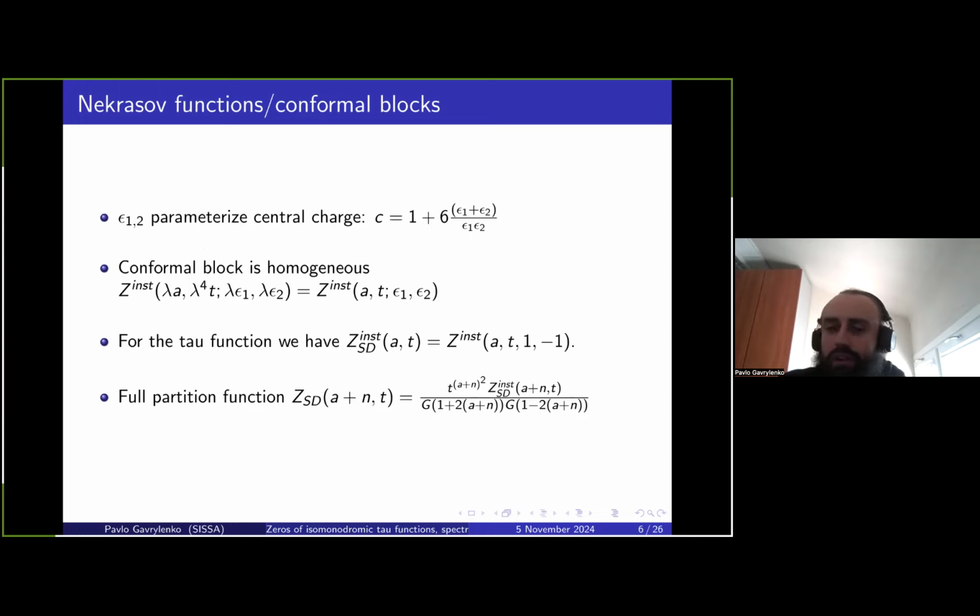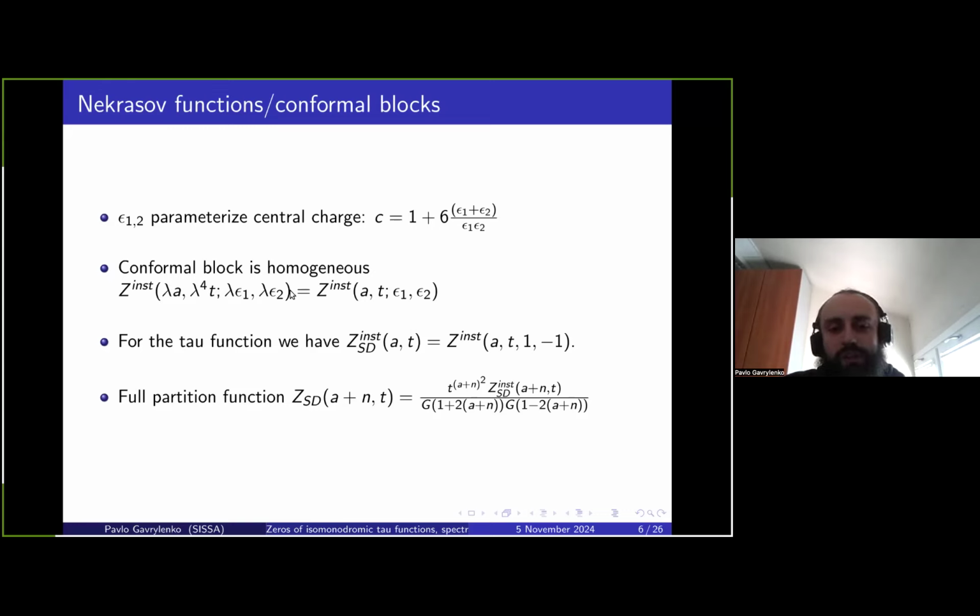And also the meaning of these epsilons, for example, if you put them with opposite signs, like epsilon, minus epsilon, the meaning is that it is some overall scaling of parameters. So this instanton and also the other part is homogeneous.